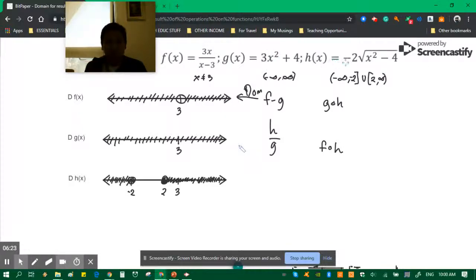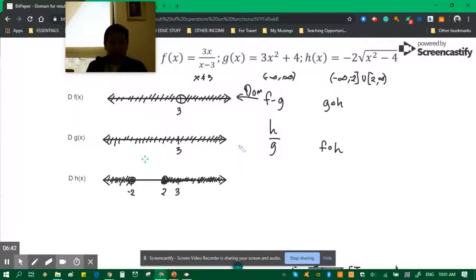But that's just for g. h of x here is x squared minus 4 inside the square root. So, again, the idea is we get what's going to work for both functions involved, h and g.